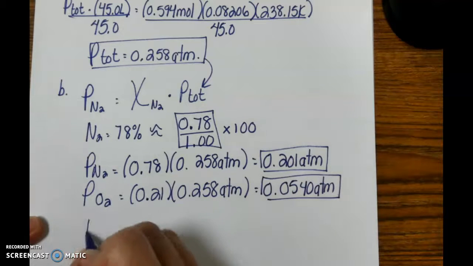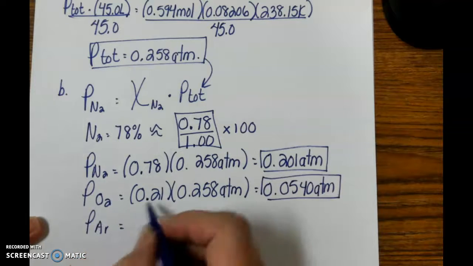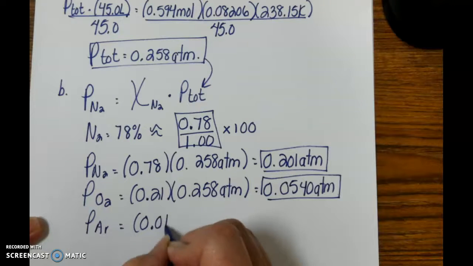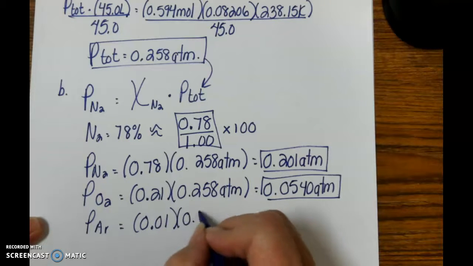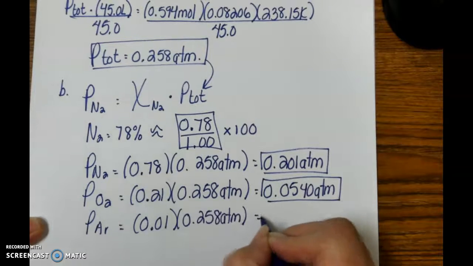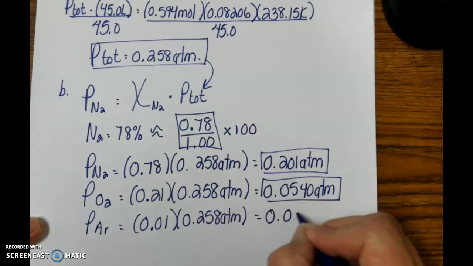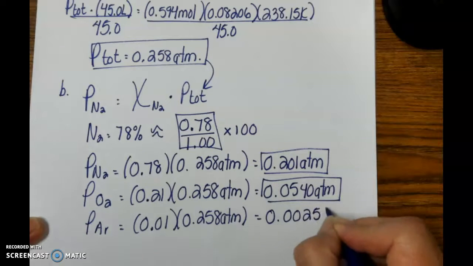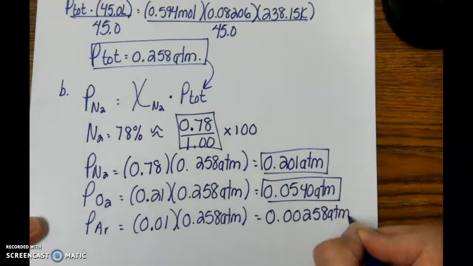Okay, and then last but not least, I get 0.01 times 0.258 atmospheres, and that gives me 0.00258 atmospheres.